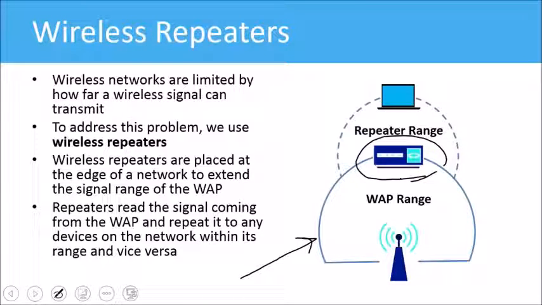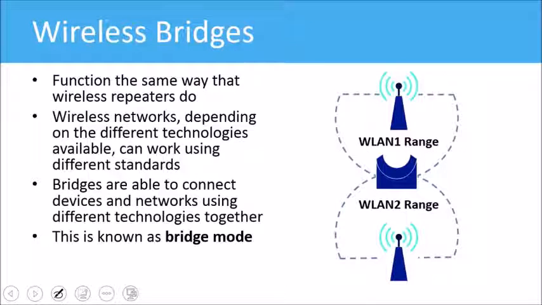Repeaters do this by reading the signal coming from the wireless access point, and then they repeat it and send it out. And of course, we have to make sure our data finds the device there, right? Similarly, it just reverses that process in order to make sure that your device, if connecting to a repeater, is able to send data back onto the local area network and onto the internet, hopefully, right? We'll detail a little bit more about what the internet actually is a little bit later too.